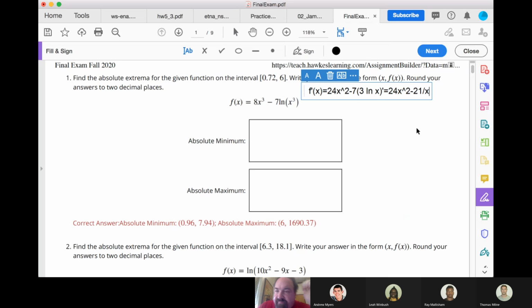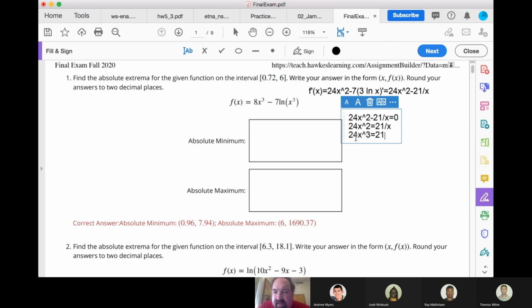So now that you have your derivative, we need to set it equal to 0 and see where there are critical points. So we have 24x squared minus 21 over x is equal to 0. But that's the same as saying 24x squared is 21 over x. Then multiply both sides by x, so we have x cubed over here, and then divide both sides by 24.